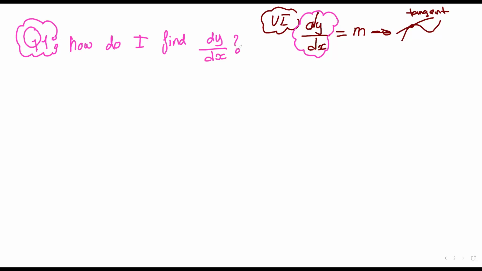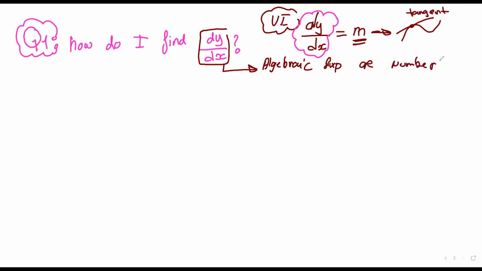If I am given an equation of a curve and the question says, find dy by dx: you will tell me, Miss, it represents the gradient, okay, but the answer of dy by dx is not always a number. It could be an algebraic expression, or it could be a number, depending on the equation I have.